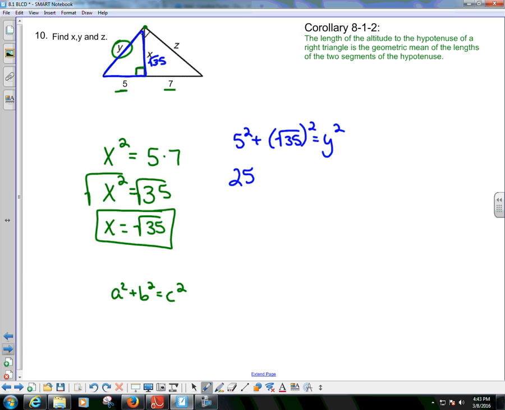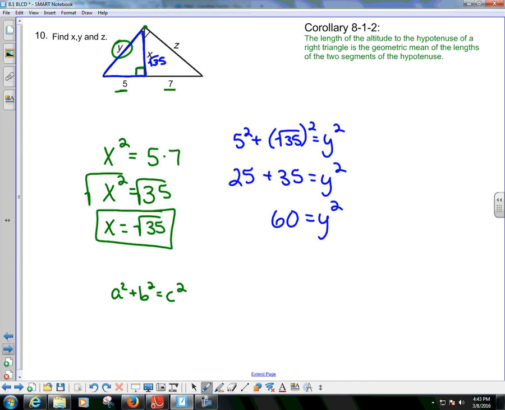The square root of 35 squared is 35. 35 and 25 is going to give me 60. And I need to figure out what the square root of 60 is. And I need to do it in simplest radical form for all these answers.